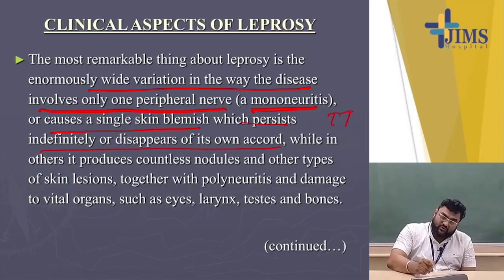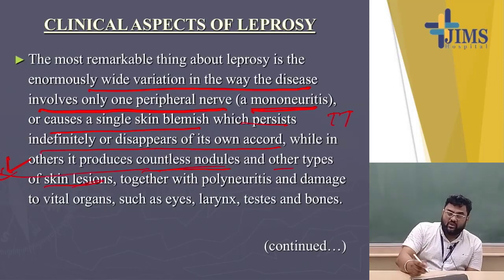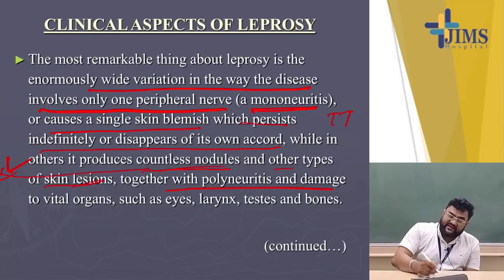While in others it produces countless nodules, mainly seen in lepromatous leprosy, LL, together with polyneuritis and damage to vital organs such as eyes, larynx, testes and bones.